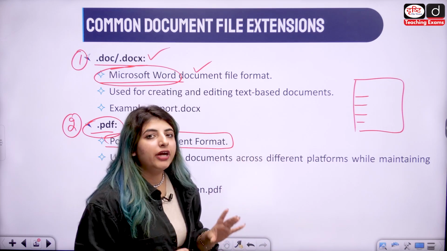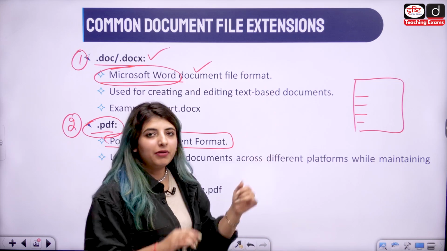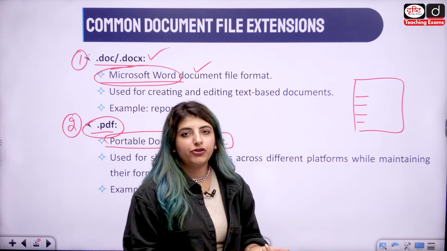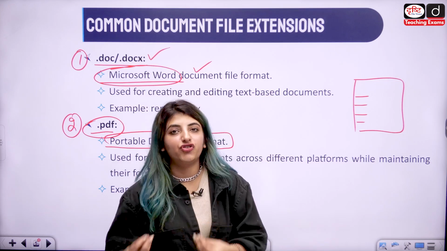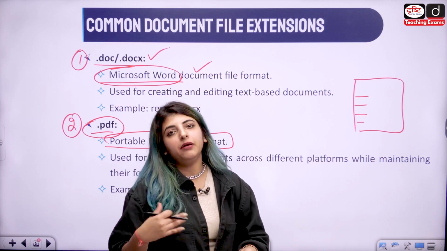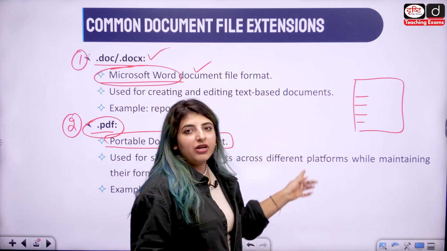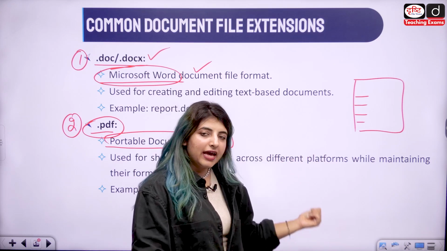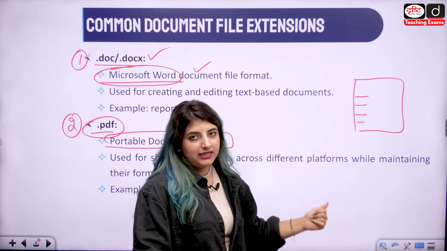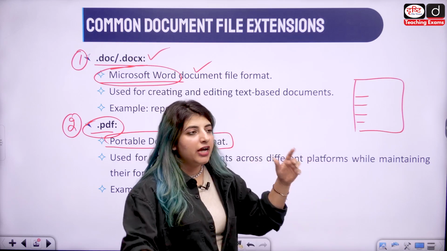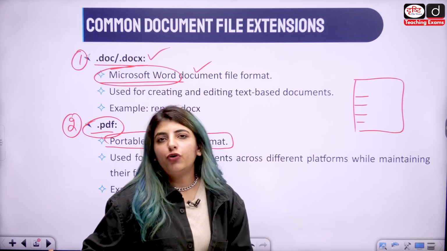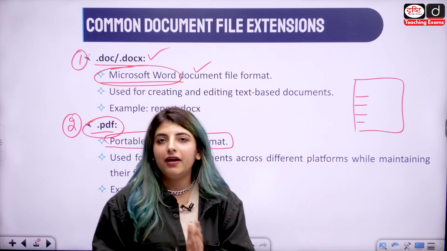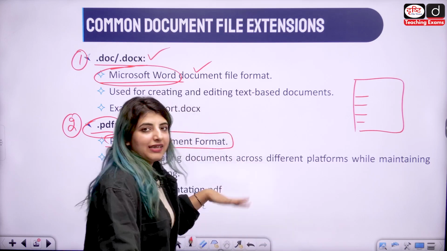But if you save it in the docs format, first of all, you can edit it. In PDF you will not be able to edit most of the time; you will have to purchase different, paid software. So in terms of differentiation, in PDF the formatting will remain intact, whereas if you print any Word document from your laptop, the formatting can go haywire.